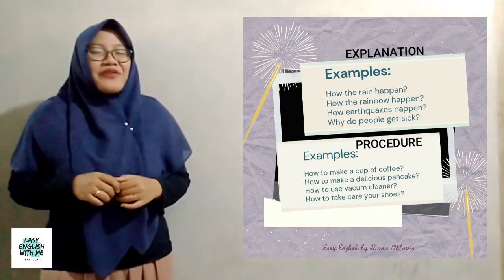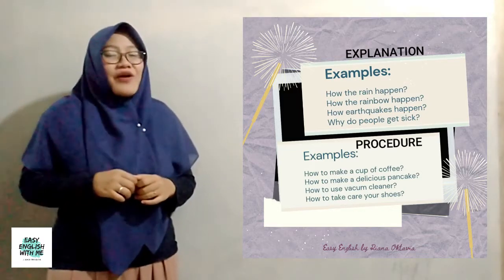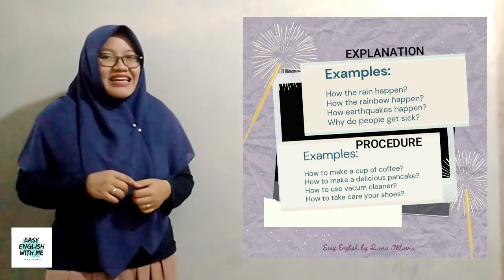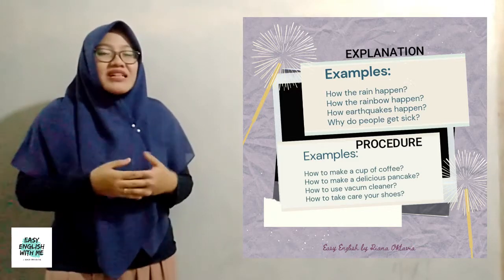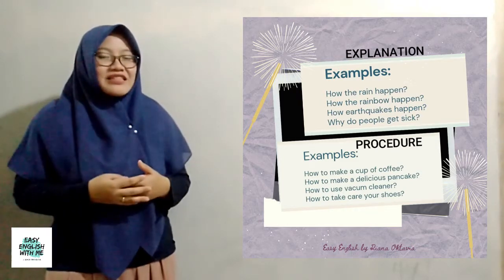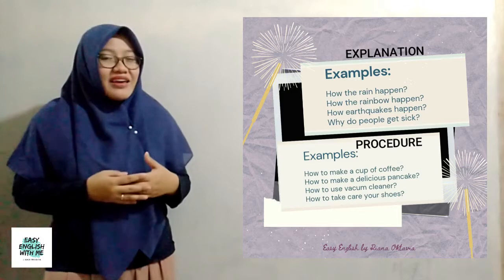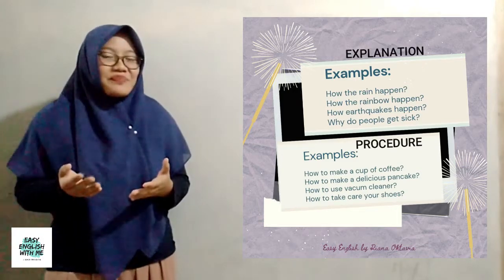Well, I will give one example of explanation. How the rain happened. It means the text or explanation text will tell you about the process of the rain happen. The process about why does the rain happen in our life.